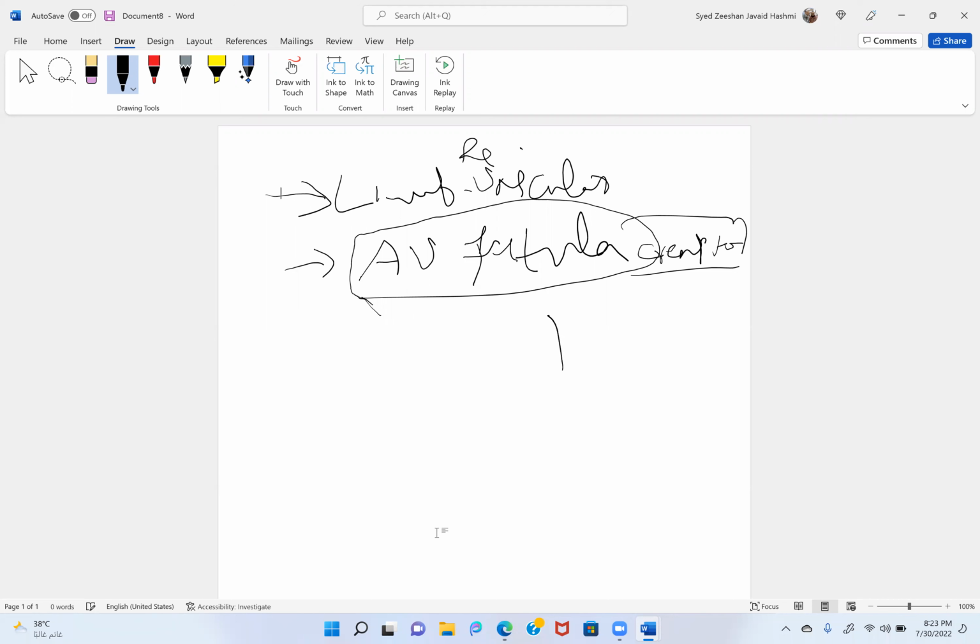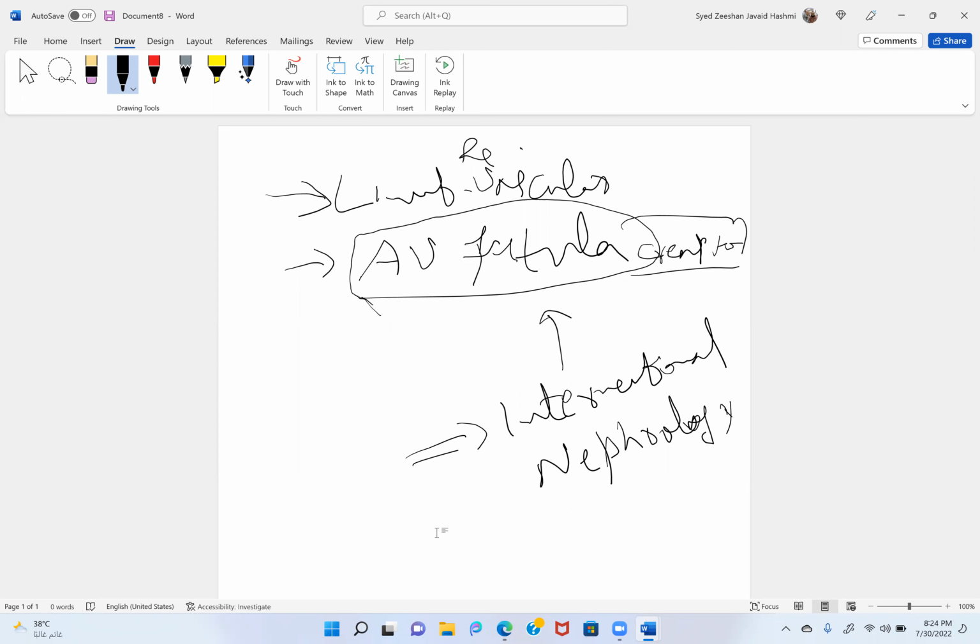But there is something which, you will be surprised, even a few years ago, around 7-8 years, for the first time I heard this terminology, interventional nephrology. It was something new for me, before I found one of my old class fellows, my buddy, who did a fellowship in interventional nephrology.